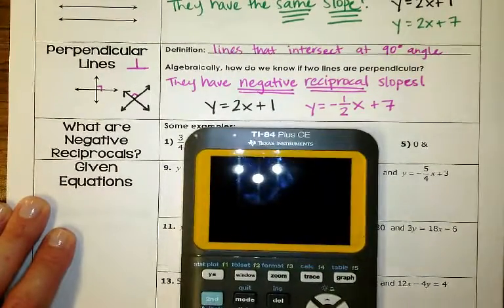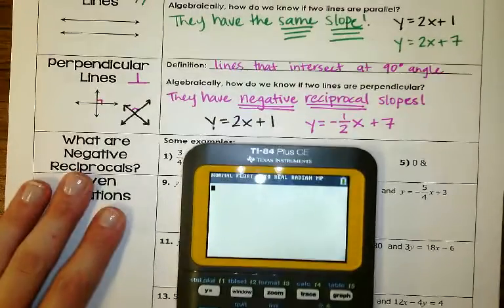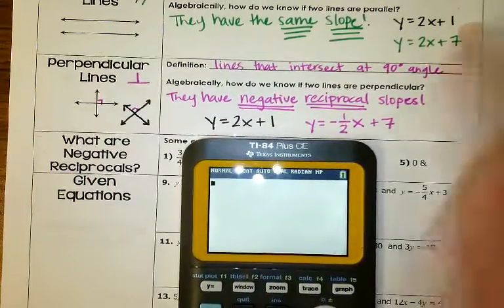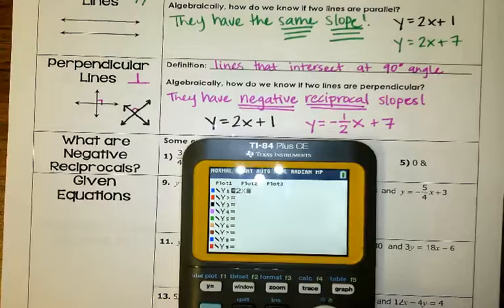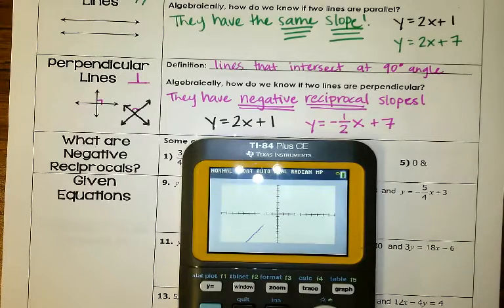Now, to show you guys that I'm not just bluffing here, I'm going to actually graph these for you, okay? So let's graph this one. y equals 2x plus 1, and y equals 2x plus 7. Now, hold on just a second. I'm going to make sure. Okay, so these are what my two parallel lines look like. That looks pretty good, right? You can graph them.